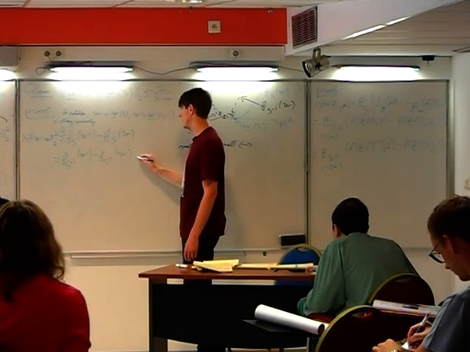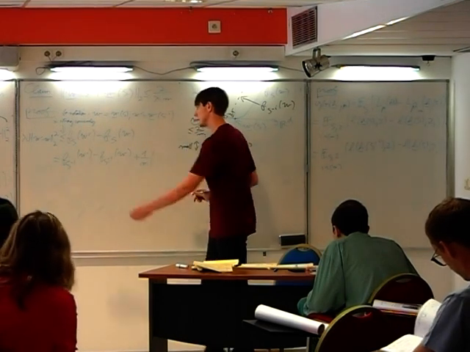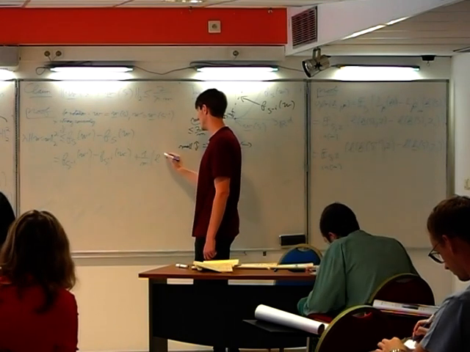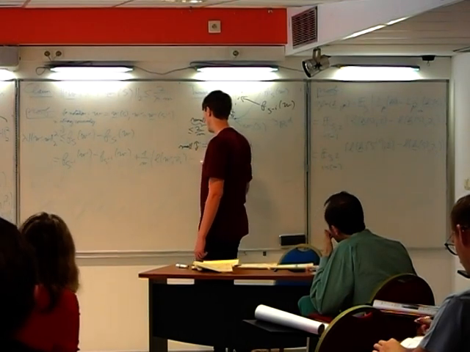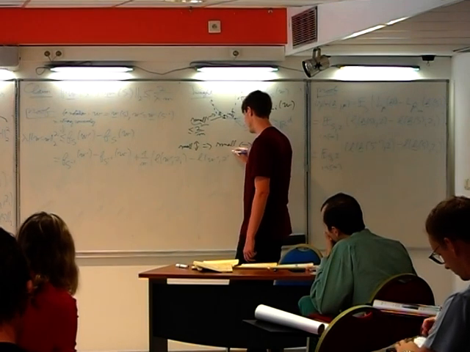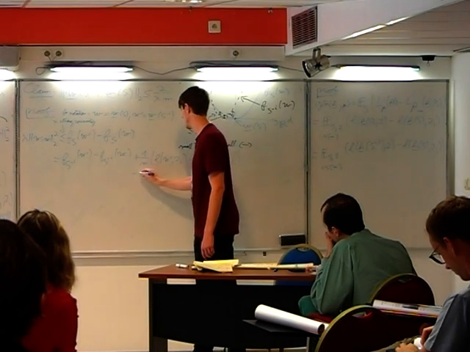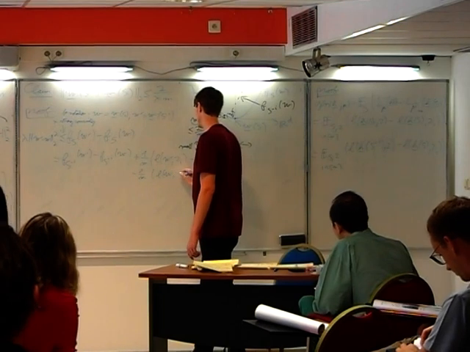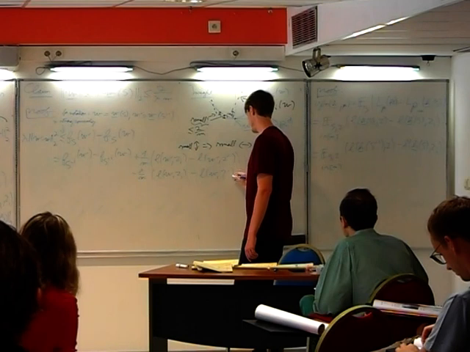So I have to put 1 over m, and then I get the difference between those two: L of W prime on Zi minus L of W prime on Z prime, and then minus 1 over m of L of W on Zi minus L of W on Z prime.